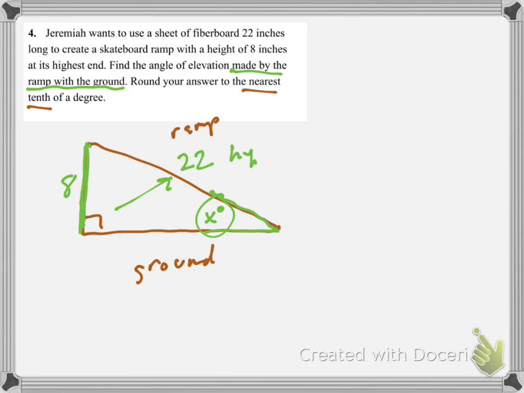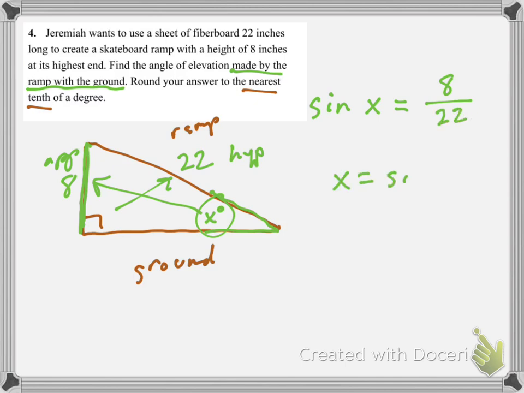Hypotenuse, 22. 8, opposite. So opposite over hypotenuse is sine. X is the angle again. Opposite is 8. Hypotenuse is 22. So we're going to do the inverse sine of 8 divided by 22. Okay.